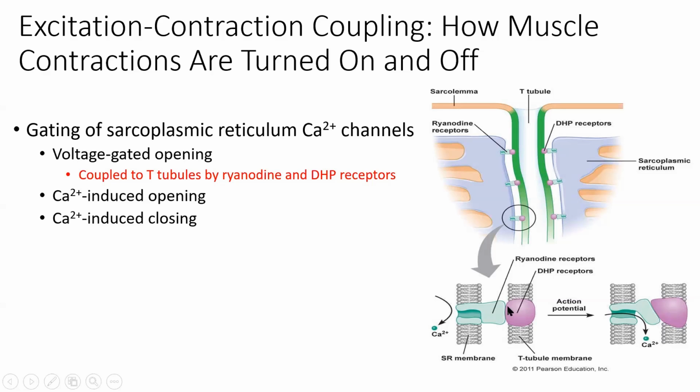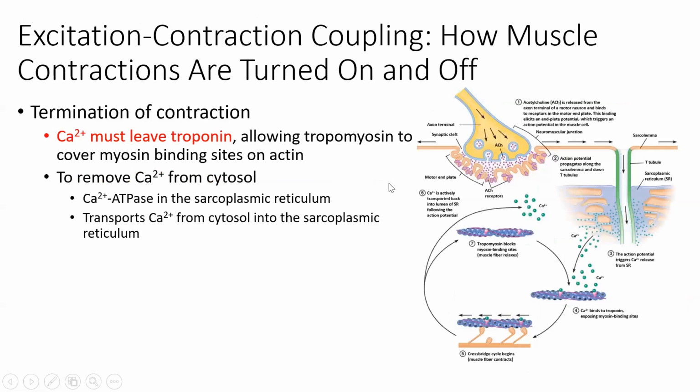So when that action potential comes in contact here, it couples to the opening of that calcium channel, which brings calcium from the stored region here in the SR out into the cytosol, where it can come in contact with actin and actually start turning on muscle contraction. So this is how these two proteins are also involved in the regulation of this process.